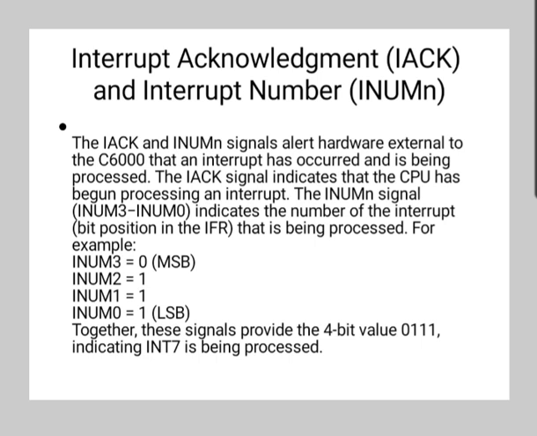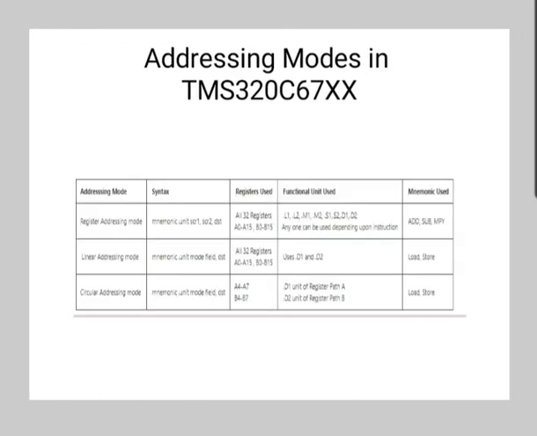INUM indicates the number of the interrupt that is being processed. For example, interrupt number 0111, where the MSB is INUM3 and the LSB is INUM0. Together these signals provide the 4-bit value 0111, indicating interrupt 7 is being processed.